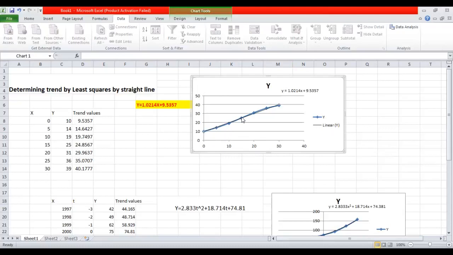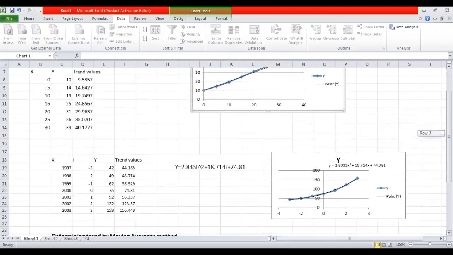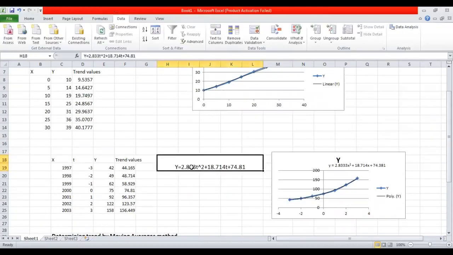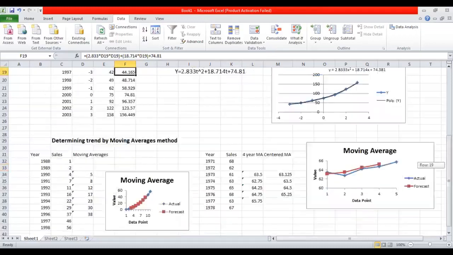Choose the required curve equation, it may be a straight line, parabola, power curve, or anything. Then write your equation clearly by substituting the different values, and we get the trend values.